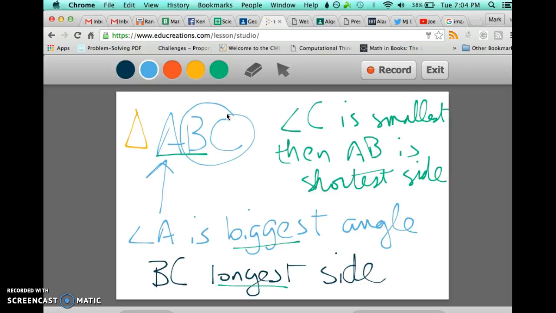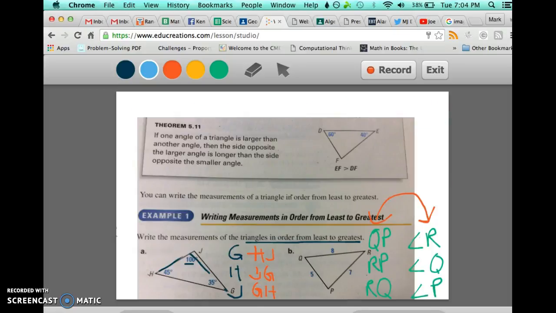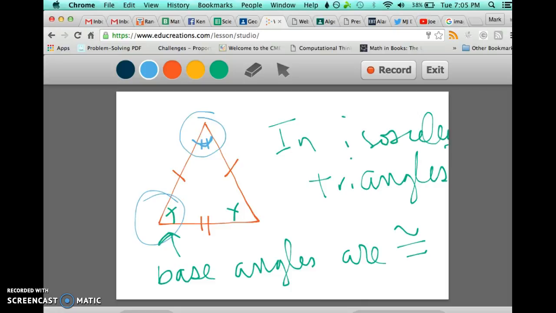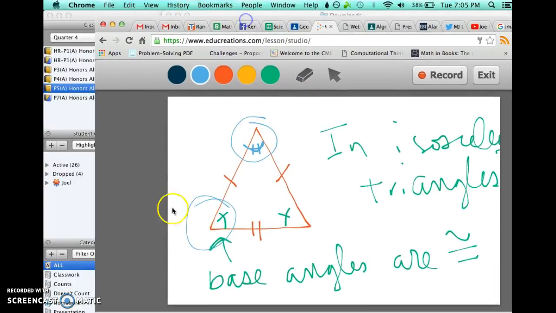Now, this relationship between angles and the sides opposite them doesn't just hold in terms of ranking them in terms of size. It also helps with isosceles triangles. So in an isosceles triangle, you'll have this situation where you know two sides are equal.